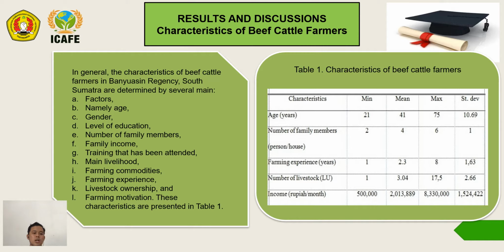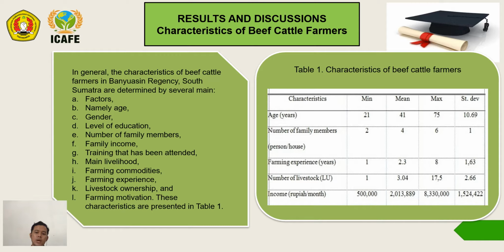These characteristics are presented in Table 1. The characteristics of beef cattle farmers in this study are described using several variables: age, number of family members, farming experience, number of livestock, and income in Table 1.